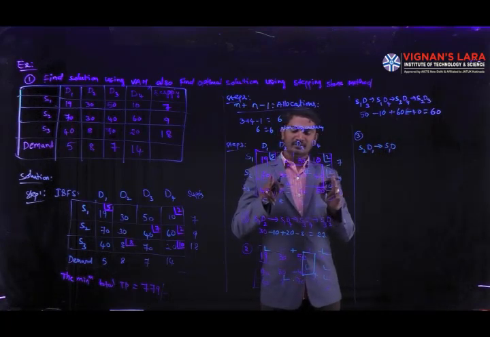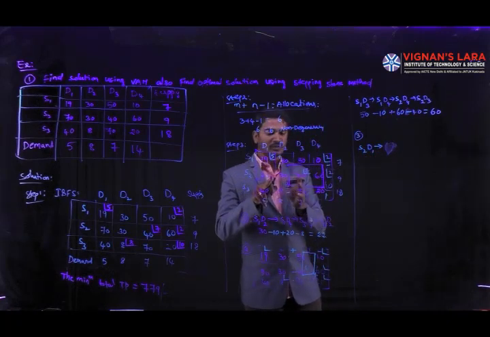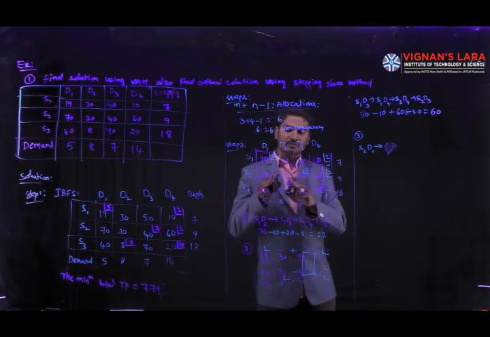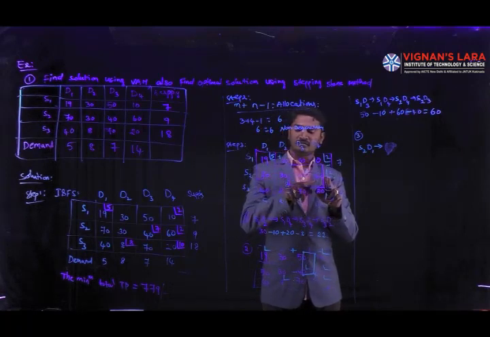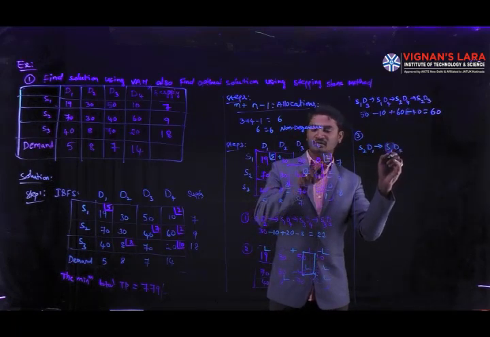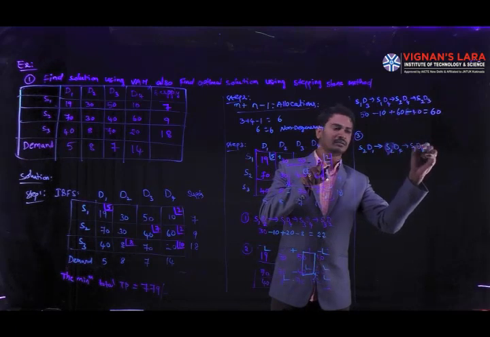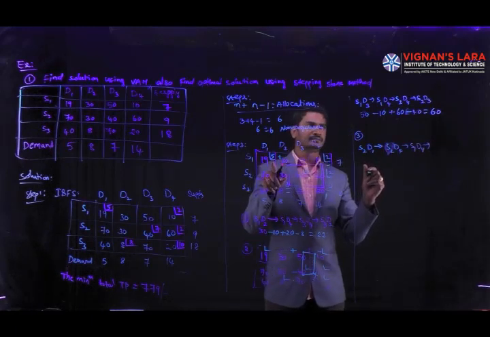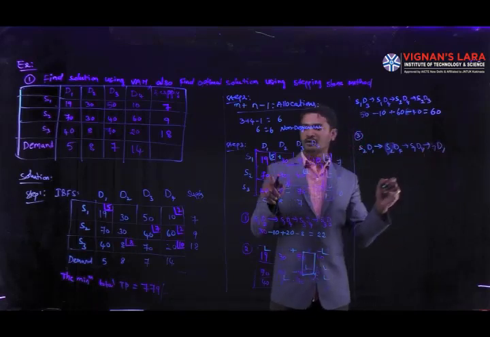The rule is we have to move to the right hand side. So here we start at S2 D1, then we come to S2 D4, then we move to S1 D4, then we move here S1 D1. After that we close this.